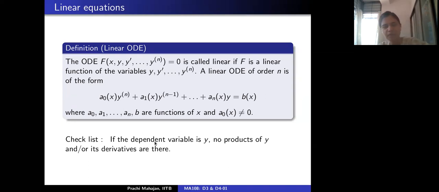Let me run over the definition one more time before we see some examples. I have here an nth order differential equation. This is the nth derivative of y, and a0, a1, up to an, and even the function b, are allowed to be functions of the variable x alone.